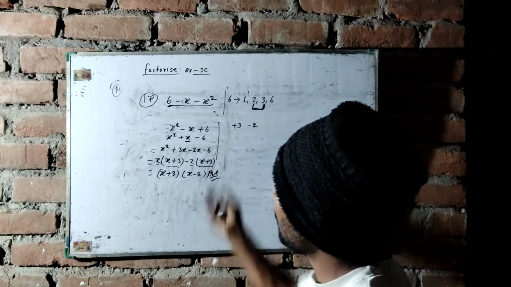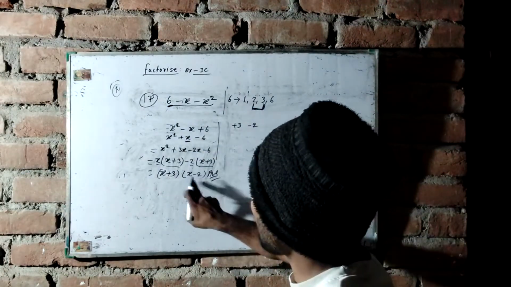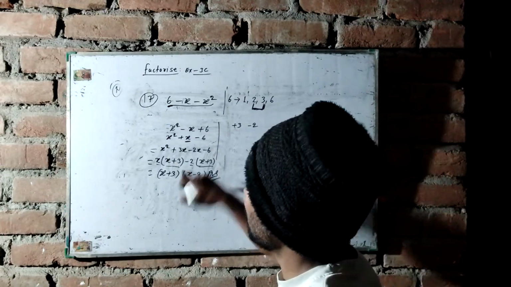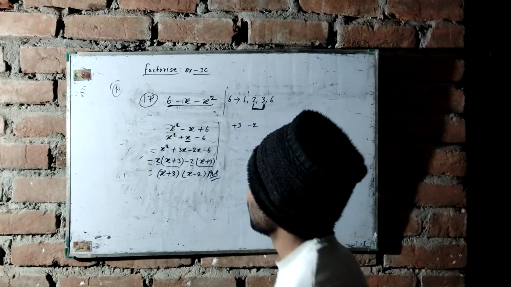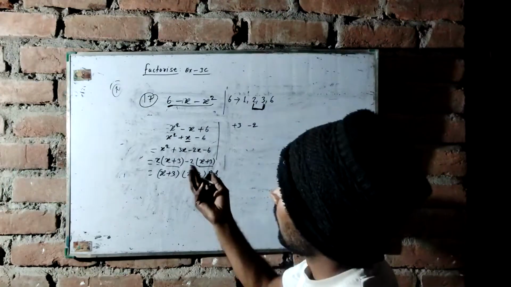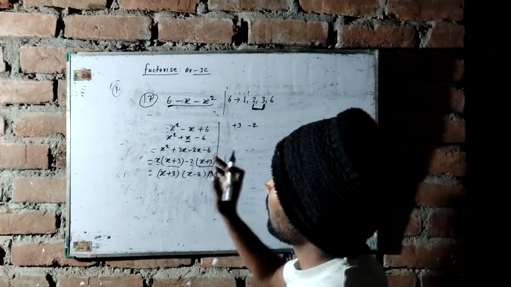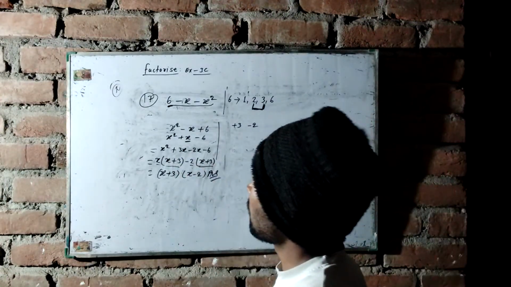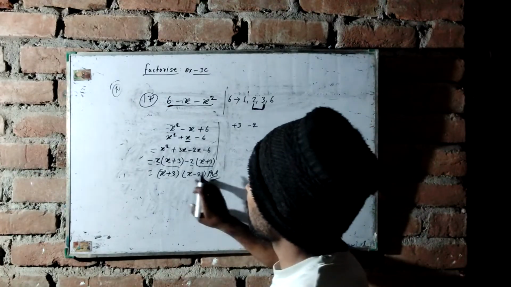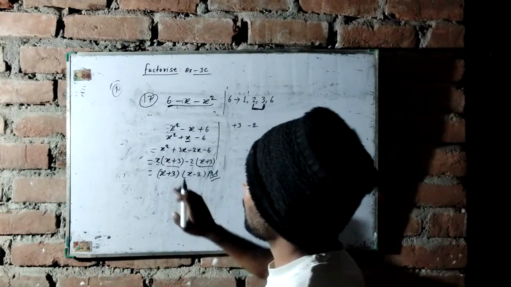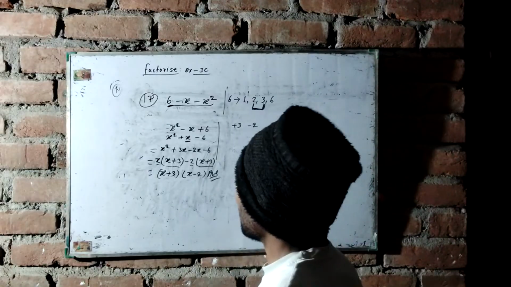So we need to change this answer accordingly to the given polynomial. Because at the initial stage we took minus as a common factor, we need to multiply these products with a minus sign.